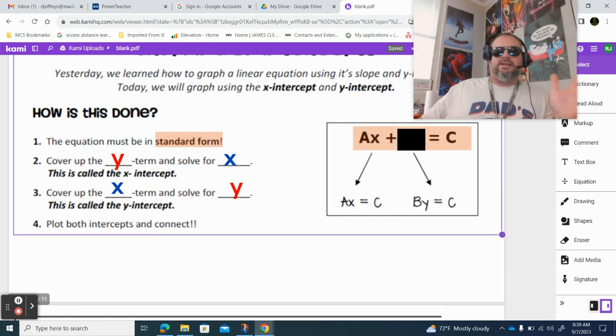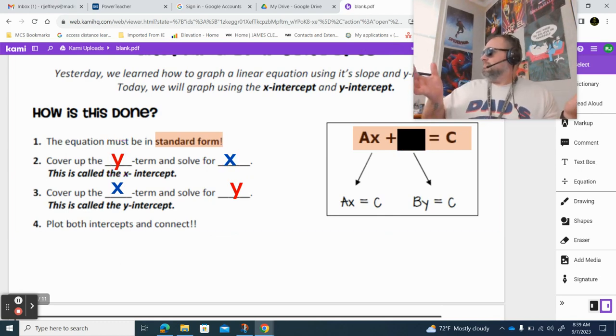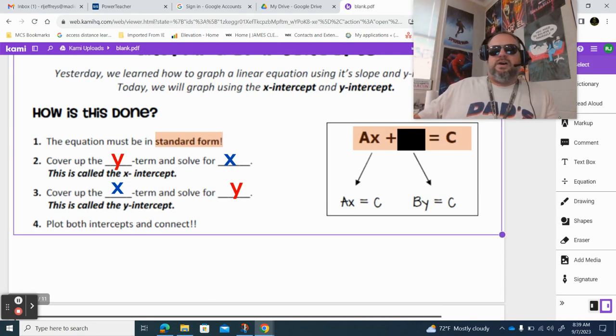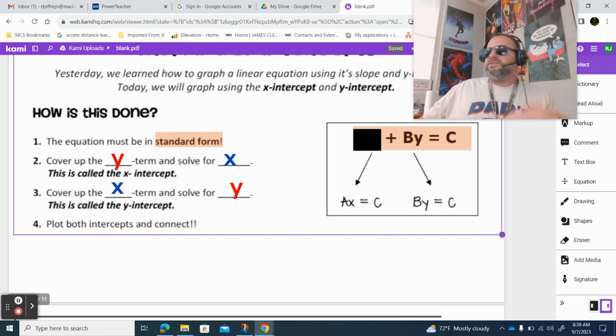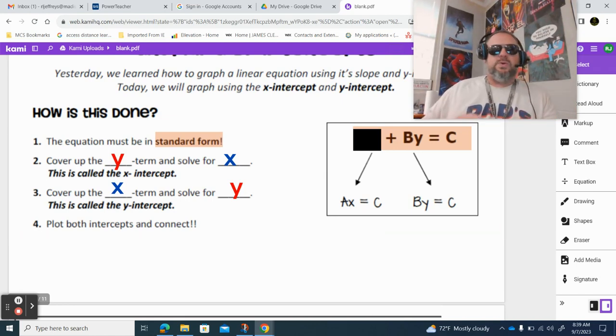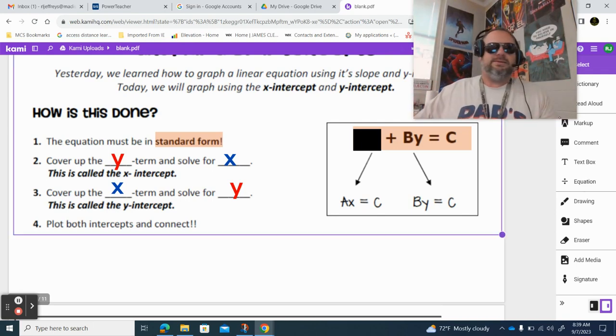C is our constant. Okay, so we cover up the y value, we solve for x. Kind of makes sense, right? All right. We cover up the x value, and now we solve for y. Okay. So you plot these points on the x and y axis.